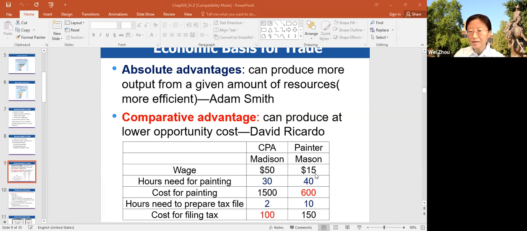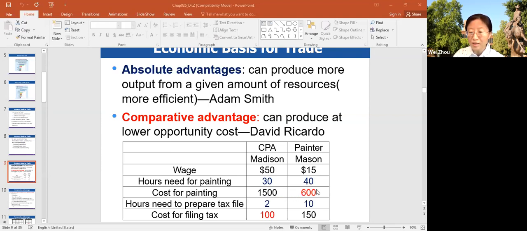For Mason, 40 hours times $15 per hour. Even though it takes him longer to paint the house, his hourly salary is cheaper, so it only costs $600. So Madison really shouldn't paint the house, because he can hire Mason to paint it, pay $600, and use the hours to do the CPA job and earn $1,500. That will be a benefit for him.